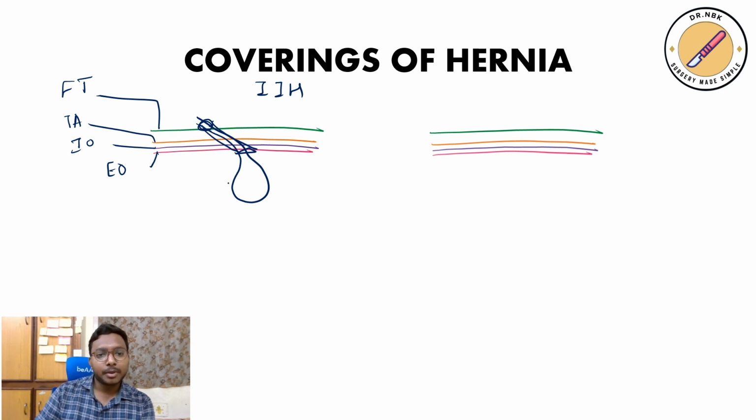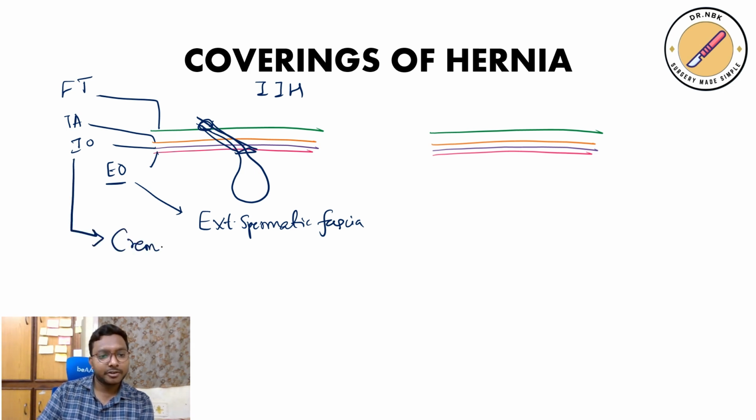So you can remember the coverings of the indirect inguinal hernia. It is nothing but external oblique. This external oblique will give rise to something called external spermatic fascia, right? Next, internal oblique will give rise to something called cremasteric fascia or cremasteric muscle.